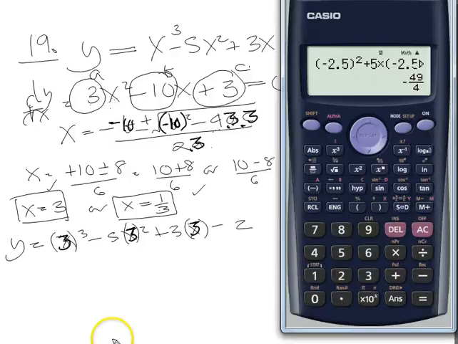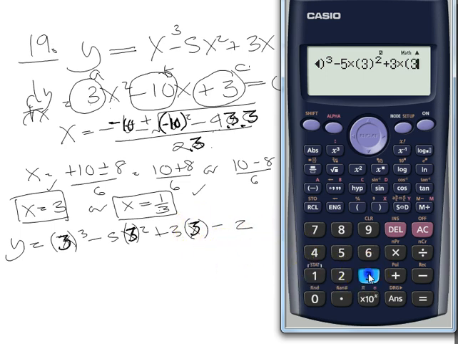So what have we got then? We've got 3 cubed. So put a bracket. We want 3. Bracket power 3. Ground level. Minus 5 times bracket 3 bracket squared. We're still on ground level. Plus 3 times bracket 3.